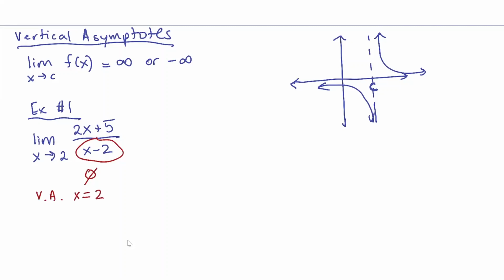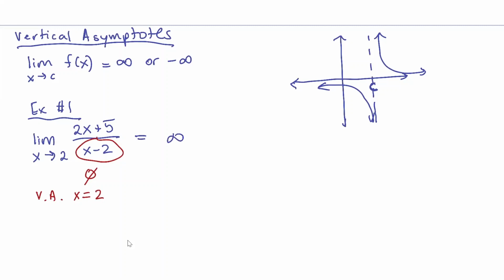And when you think about a vertical asymptote, it's like a wall in your graph. When you approach that wall, you can't cross it, so it's forcing you to go up to infinity or down to negative infinity, one of those two. So for sure, your limit is going to be some type of infinity.